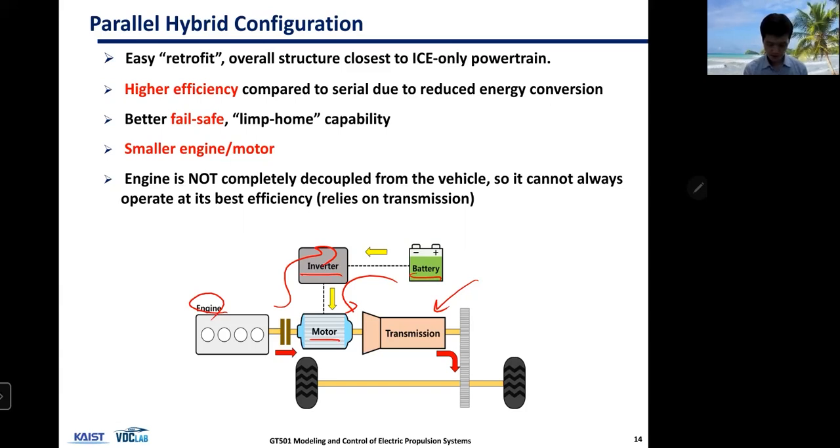All right. And one of the benefits of this is that it's a retrofit, meaning that you just need to put the motor between engine and transmission, and you can still use the engine and transmission that already exist. And that's a relatively small design change, and you still get to use existing technologies, and the control is also simpler, easier in this case.